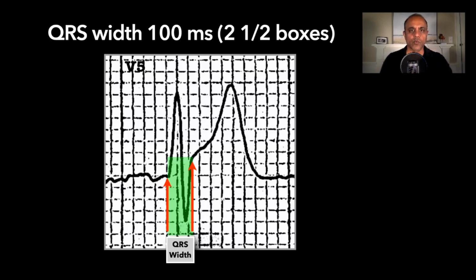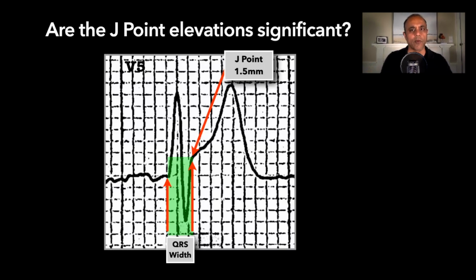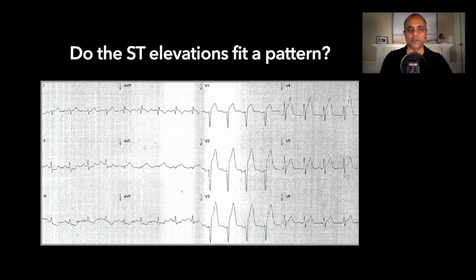The QRS width is about 100 milliseconds, about 2.5 boxes, about the upper limit of normal. And that, in fact, is okay. So one can reliably diagnose and rely on elevations of the ST segments in an ECG like this. There's a J point, it's 1.5 millimeters, and I think it is really concerning.